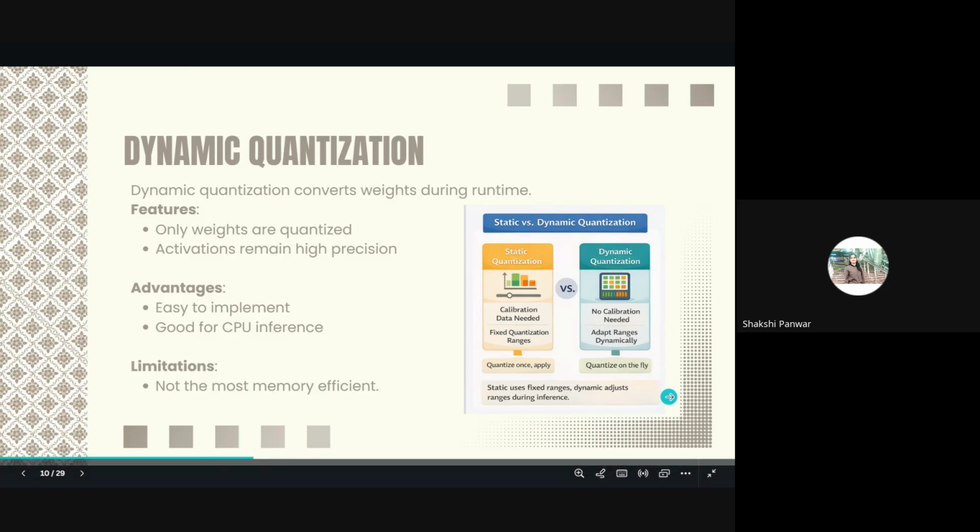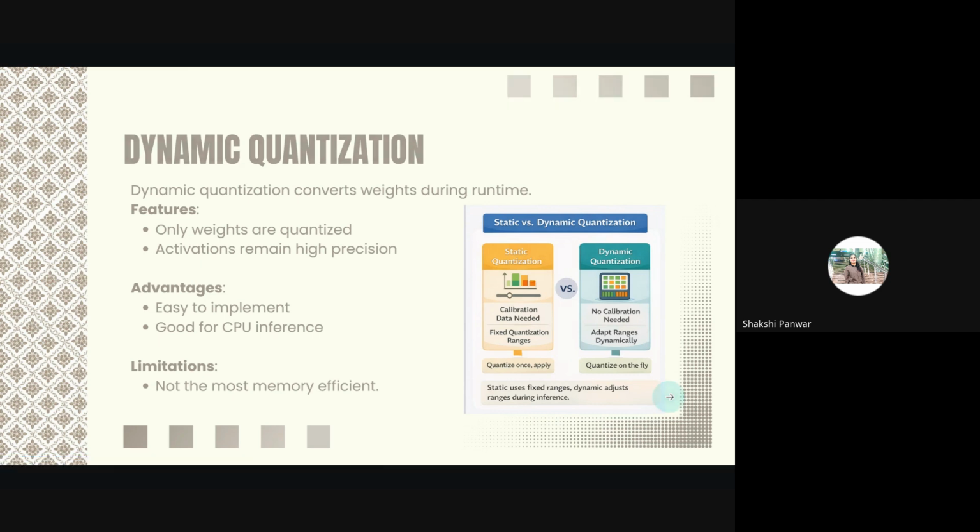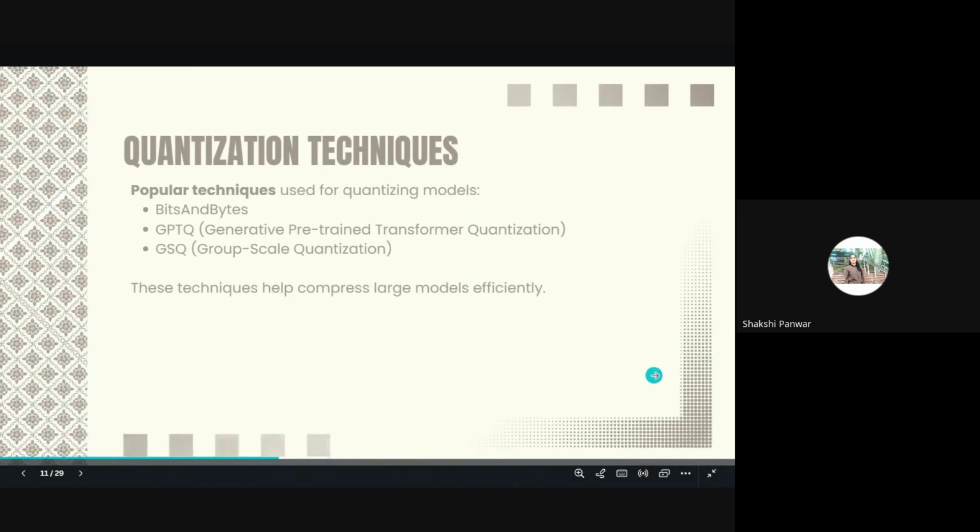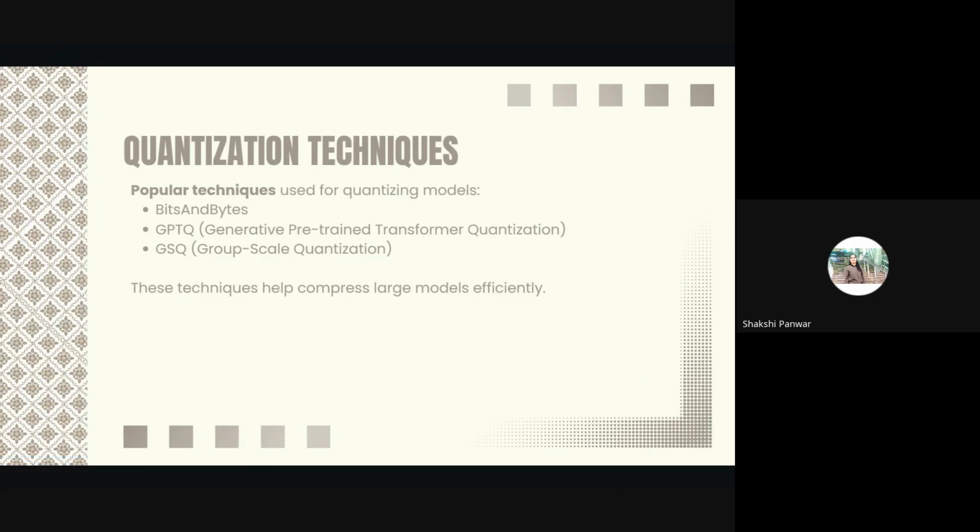And next one is quantization technique. So now let's talk about the actual tools and techniques used in practice. Three popular ones. First is bits and bytes, a very efficient way of loading large models, and it supports both 8-bit and 4-bit.